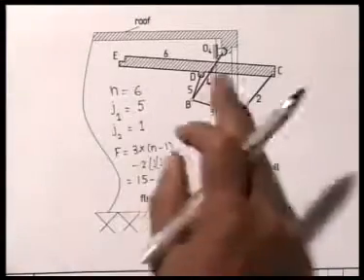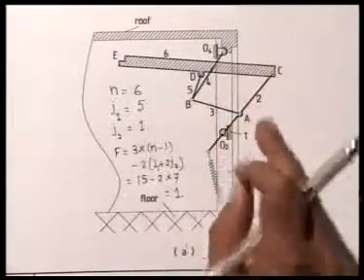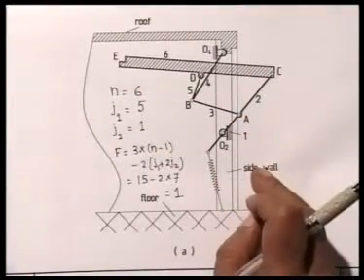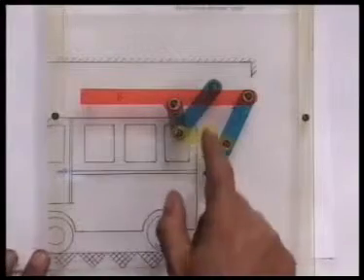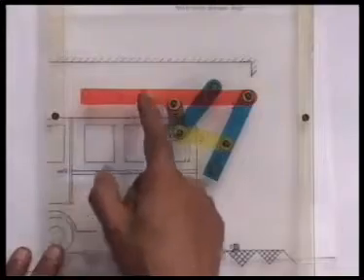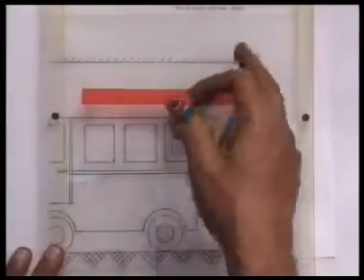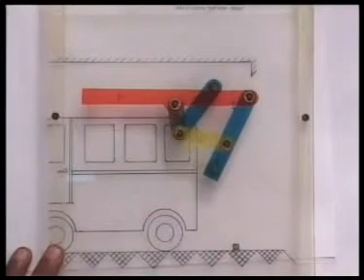Now we shall show the model of such a mechanism to demonstrate the desired motion that is required. Let us now study the model of this proposed 6-link mechanism. This is the door board which is horizontal, parallel to the roof of the garage when the garage is open.